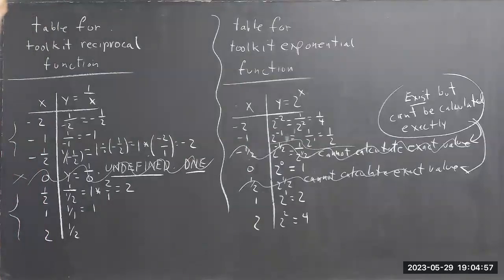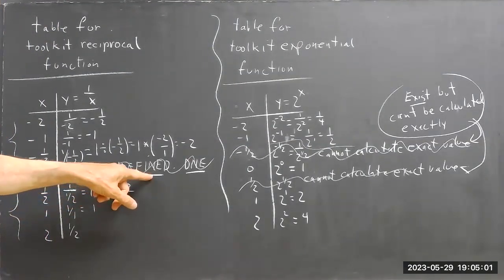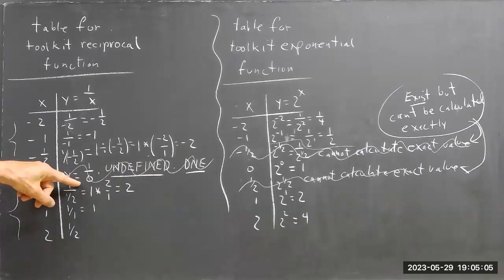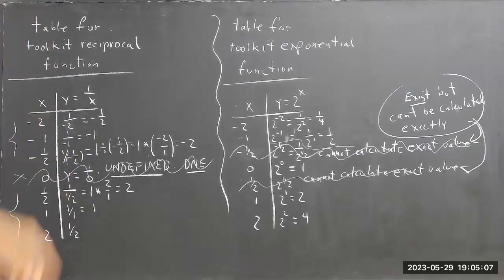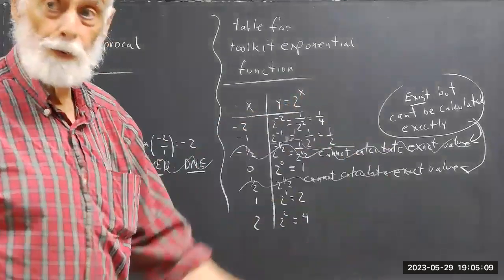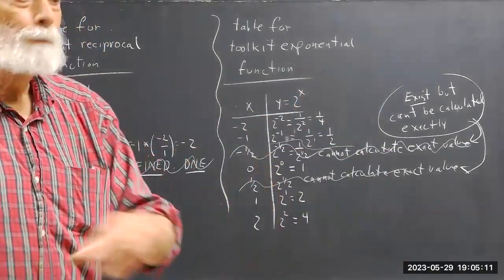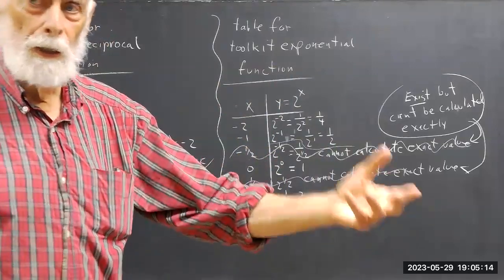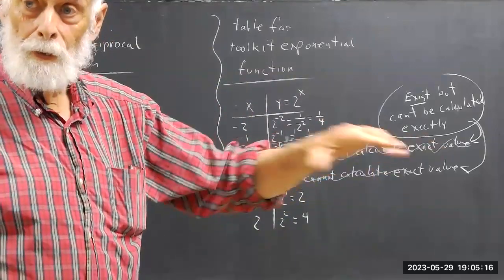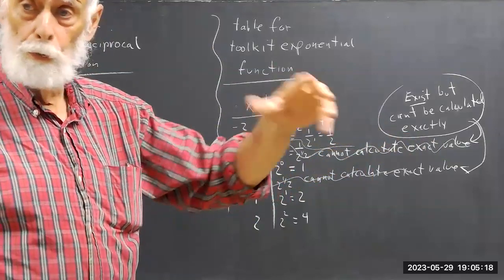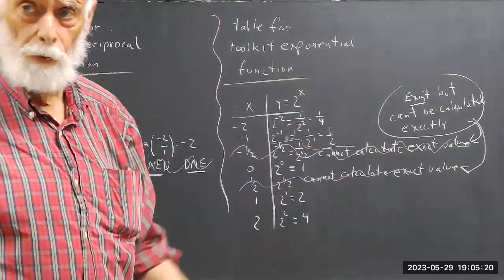Okay. So, important distinctions. This is undefined. It cannot be defined and be consistent with the rest of arithmetic, 1/0. No. 2 to the 1/2, yeah, it's defined. It exists. Proving that is well beyond any lower division undergraduate math course, first 2 years up through calculus and differential equations.